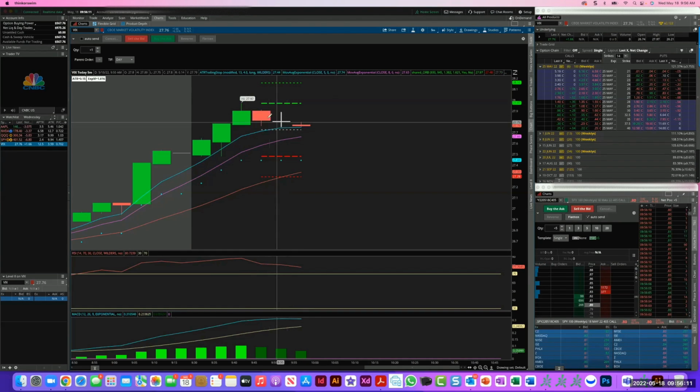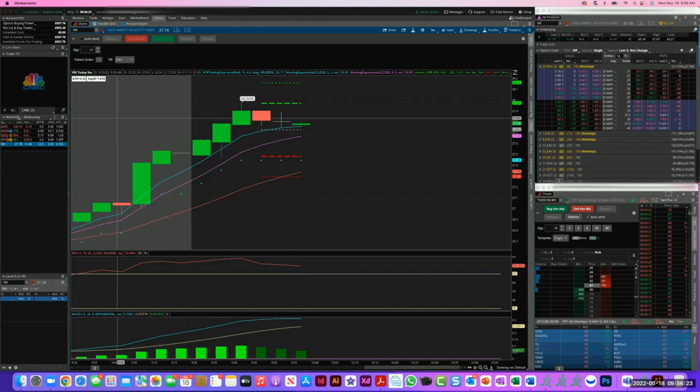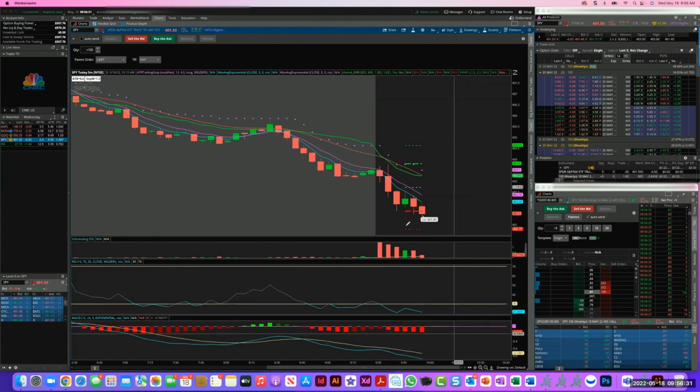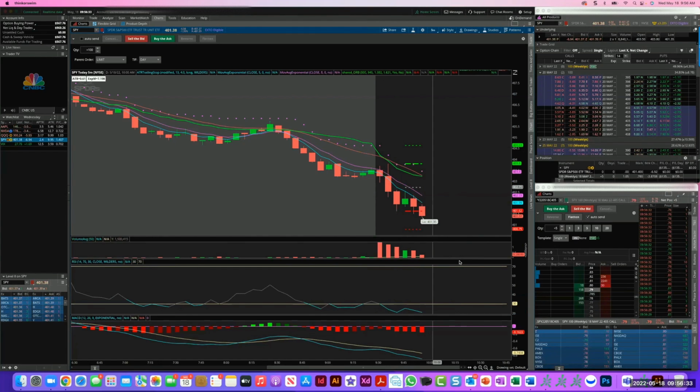At the top of this move, we had the red candle, then a doji, which signals reversal or continuation depending upon the next candle. So it looks like it's going to be a reversal. That's going to drive down SPY. So we think this is going to be a short-lived situation for the day.